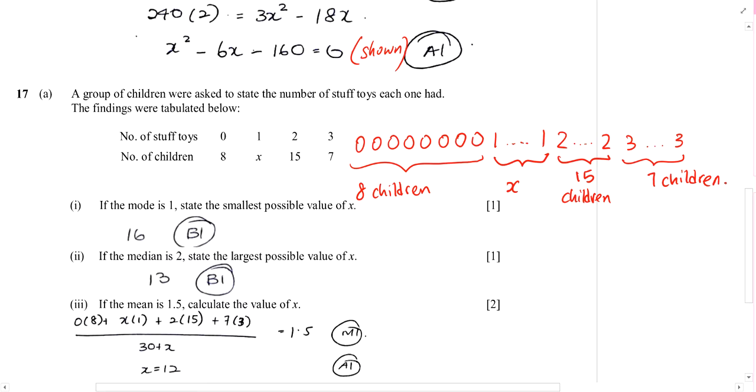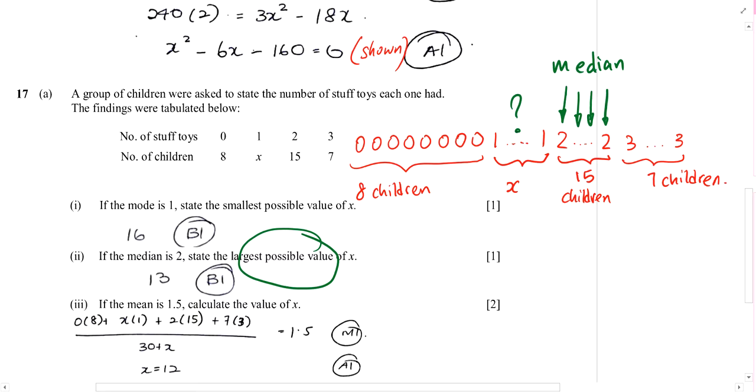If the median is 2, median means the middle value, right? Okay. The median could therefore be either here, or somewhere in the middle, or here. These are the possible median positions. Right? It's somewhere there. I don't know where yet. Then they say largest possible value of x.